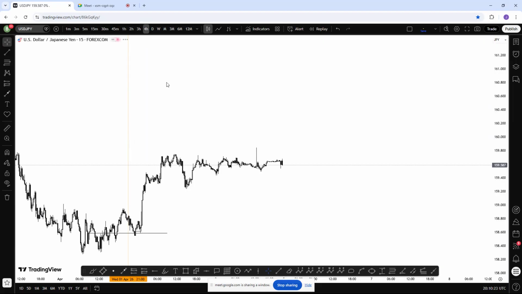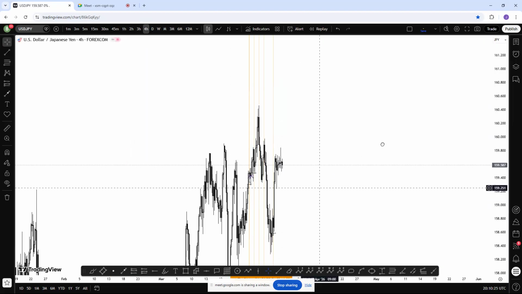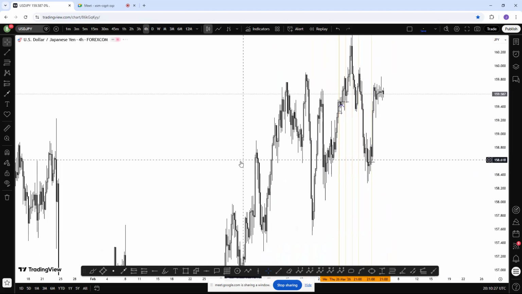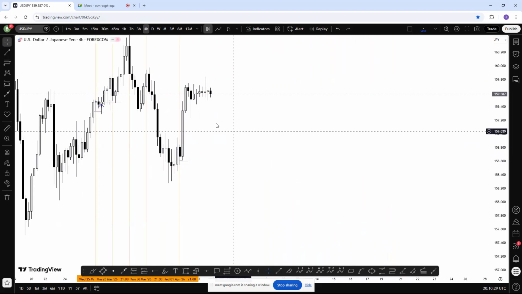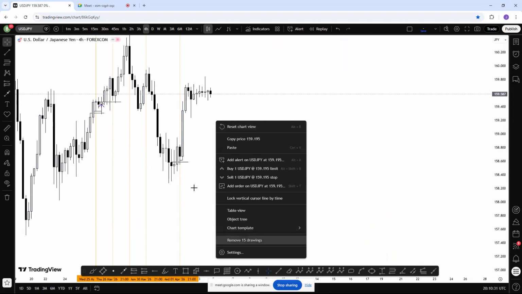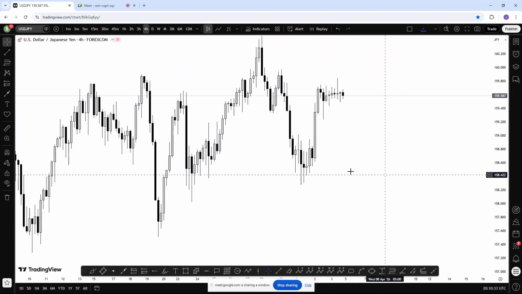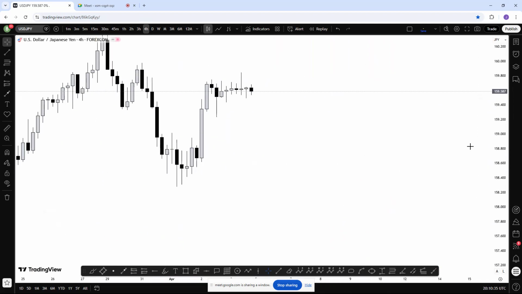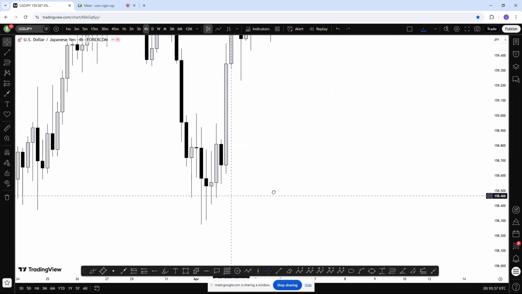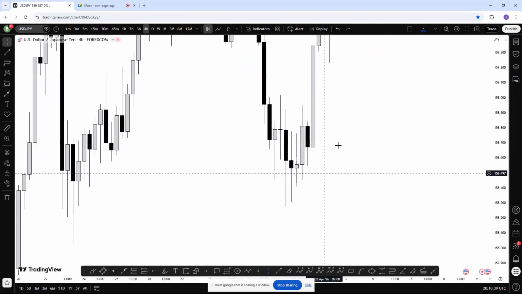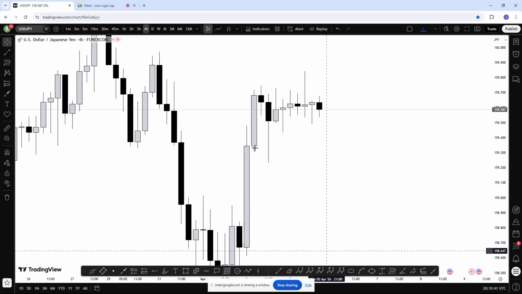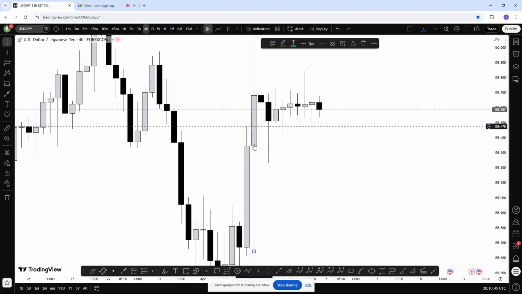So for example, here we have so many candles. Let me find a good one. For example, this one. Assume you want to buy this candle.